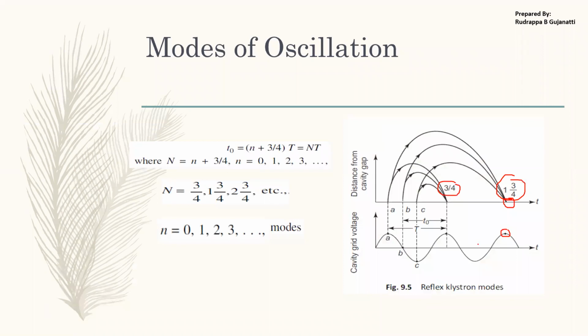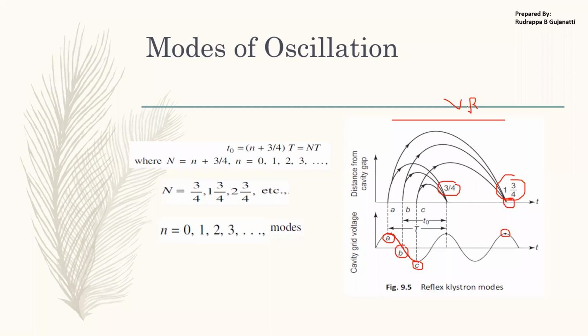Here, if we observe where all the possibility of interaction is, say an electron which interacted during this point, an electron which interacted at this point, and electrons interacting at this point, anywhere in between, they traverse through the repeller space, and based on the repeller voltage VR applied, the bunching happens at one point.